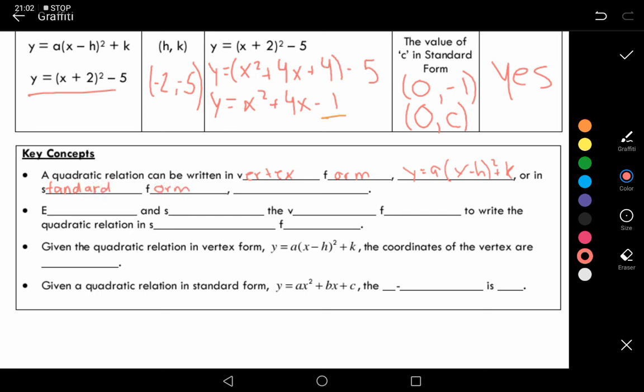Okay, and that formula you'll also need to know is y equals ax squared plus bx plus c. Okay, expand and simplify the vertex form to write the quadratic relation in standard form.